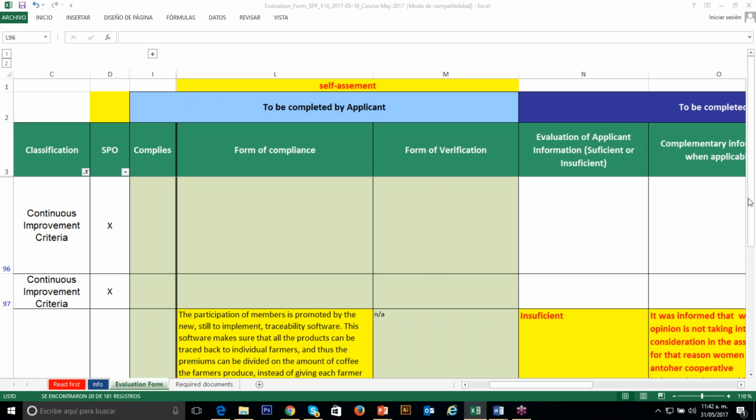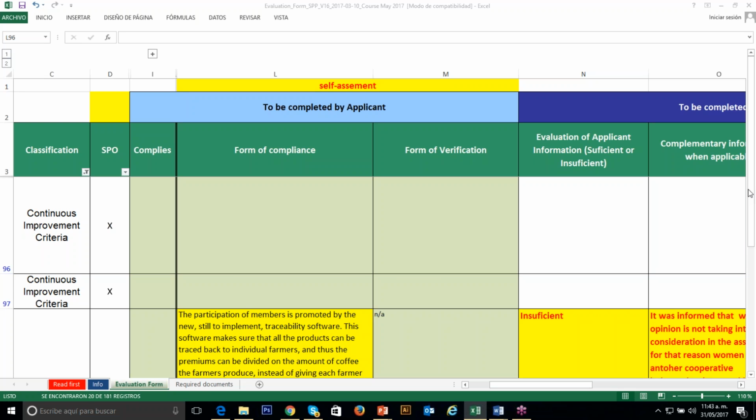Okay. And there is a question from Alfred. Yes, Alfred. It's in the chat. It was about the suspension of the SPO if they do not pay earlier.